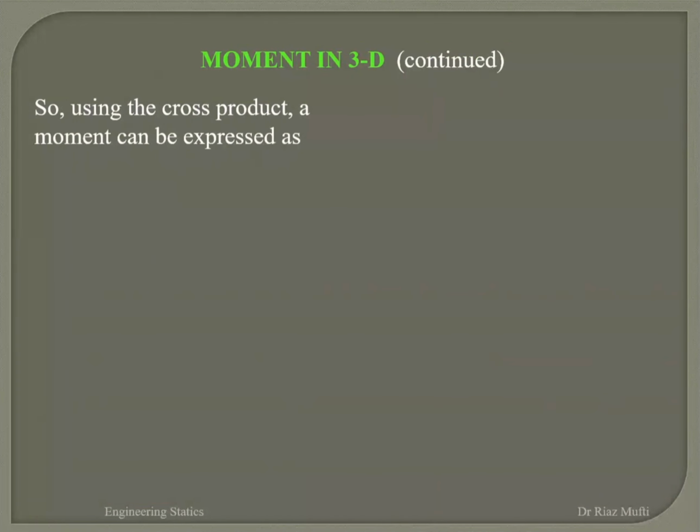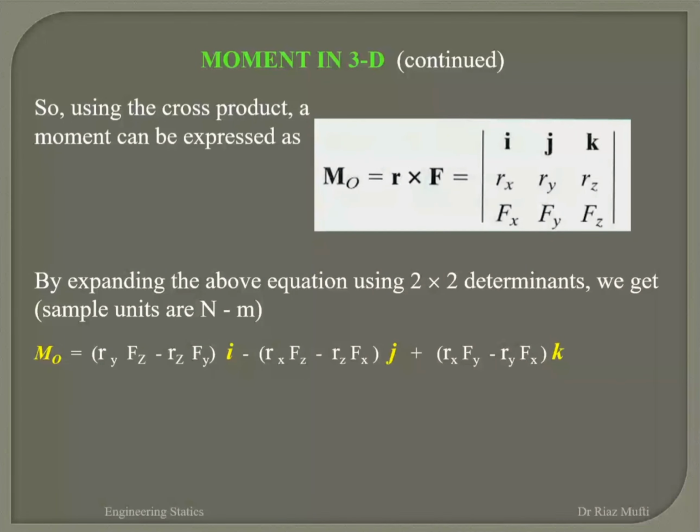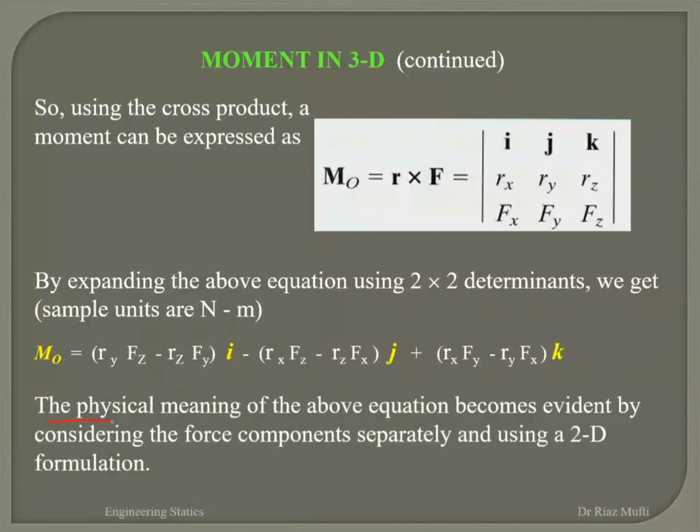So using the cross product, a moment can be expressed in this form. You can expand it by two by two determinant. You can get this, and the physical meaning of the above equation becomes evident by considering each component separately using a 2D formulation. So in simple words, you got this moment.